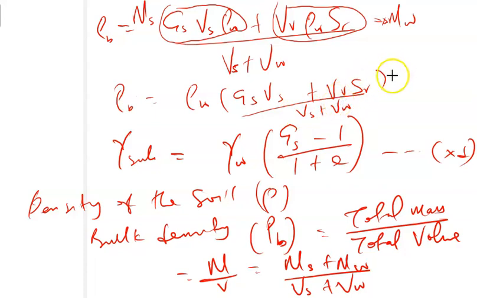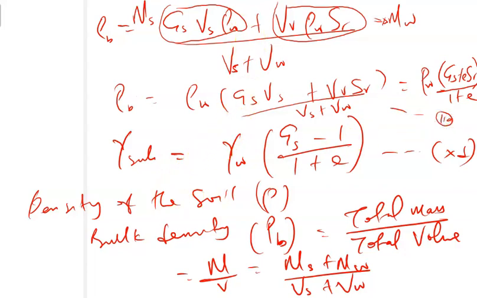So this can also be equal to rho W bracket Gs plus e Sr, over 1 plus e. So this is our equation 11a.